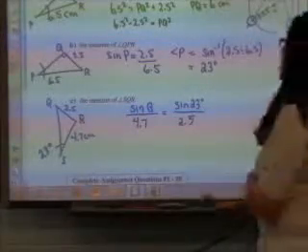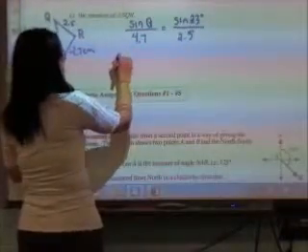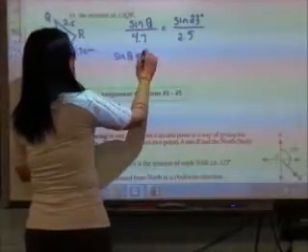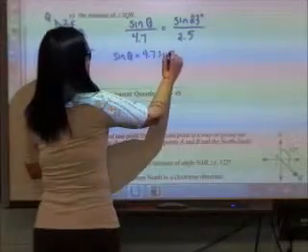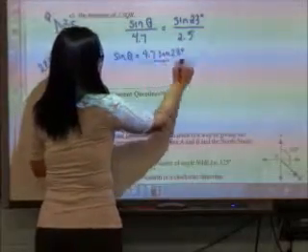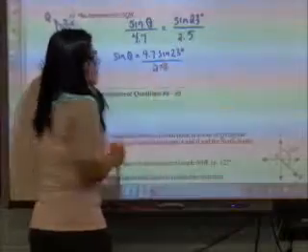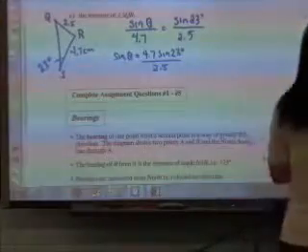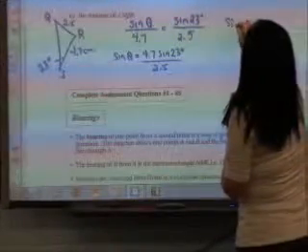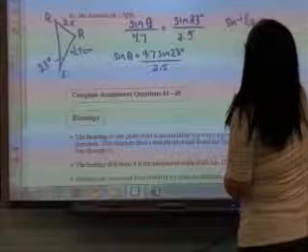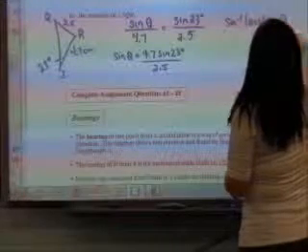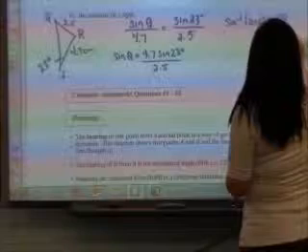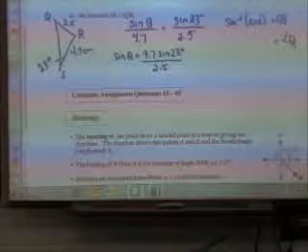So to get Q or sine Q by itself, I'll multiply both sides by 4.7. And then I'll have to do the sine inverse of that answer. And what do you get for angle Q?